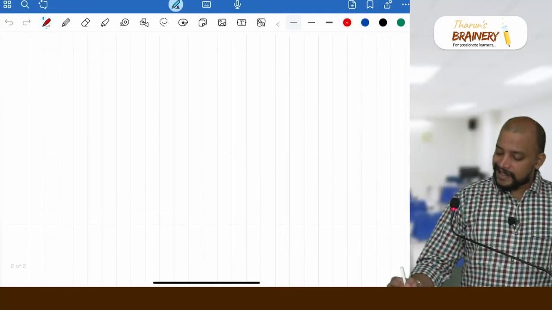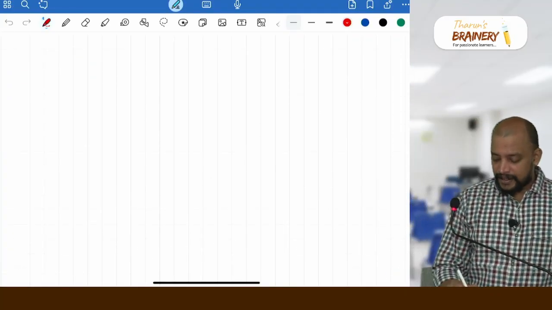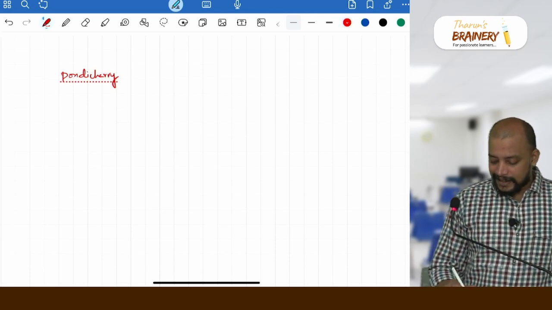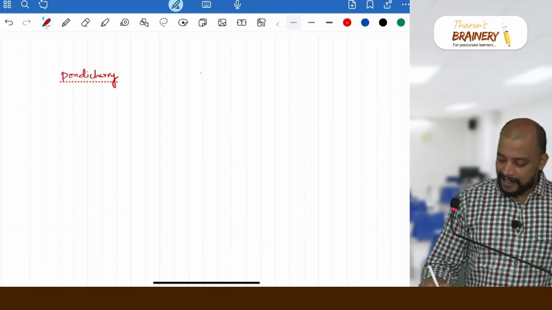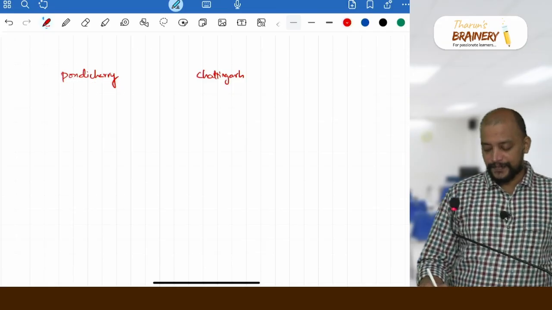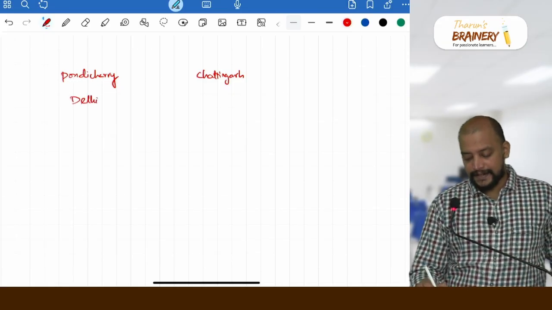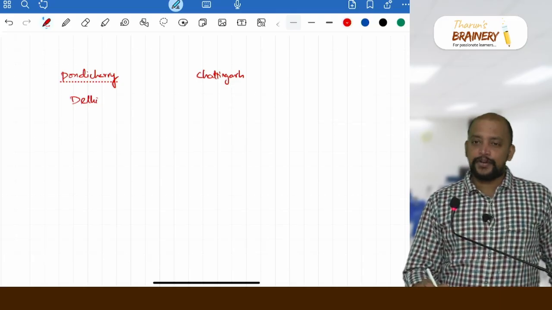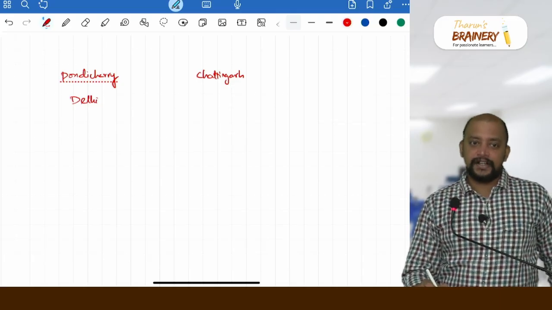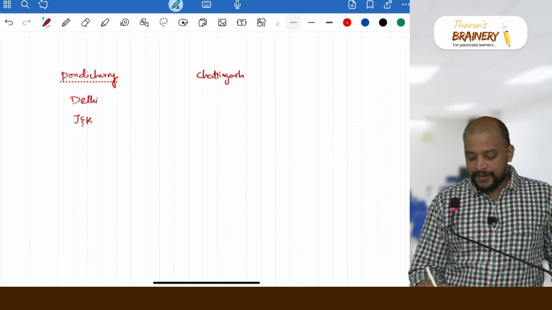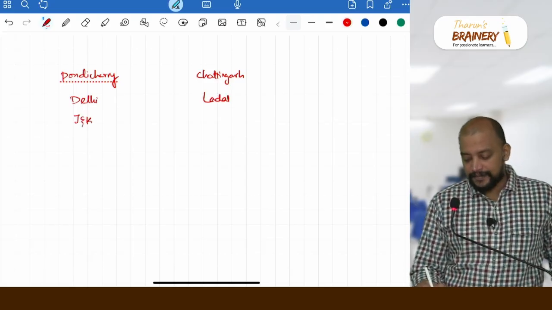Union territory, Pondicherry, next, Chhattisgarh, next, Delhi, next, Jammu and Kashmir. Along with Jammu and Kashmir, we have Ladakh.